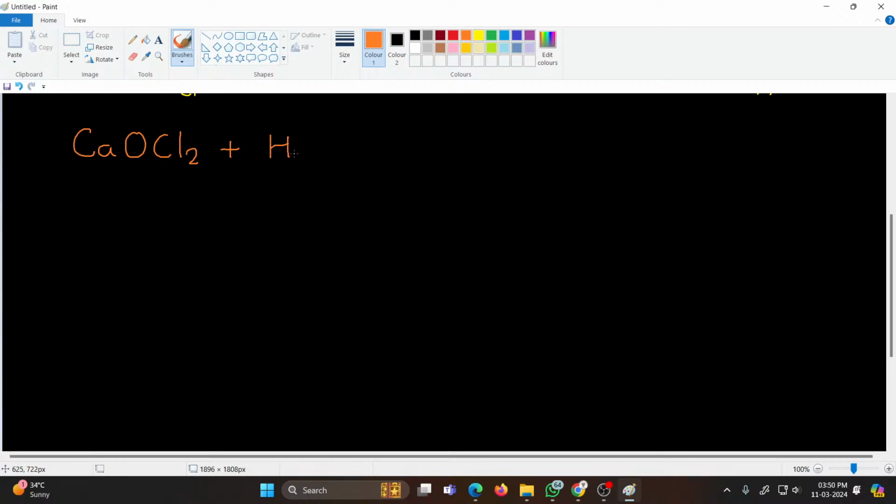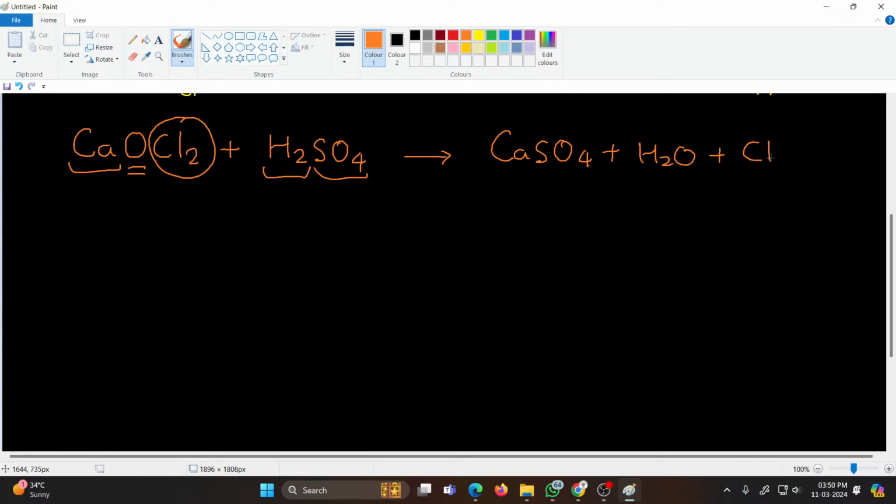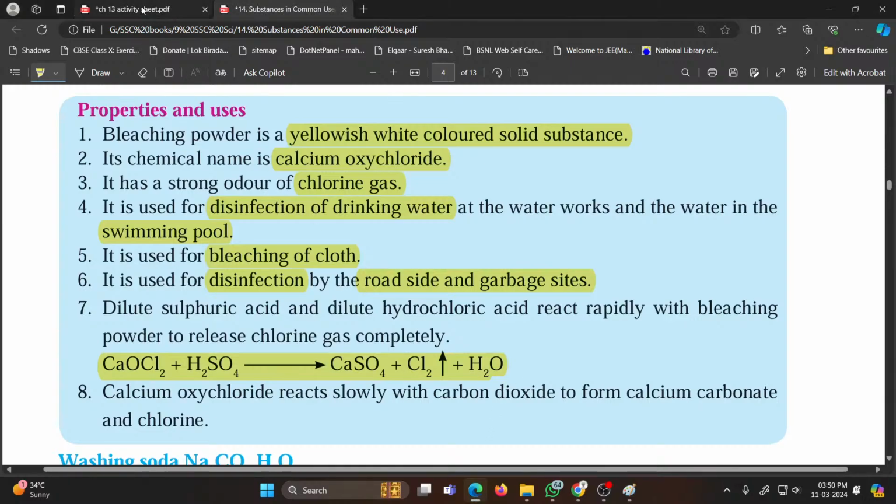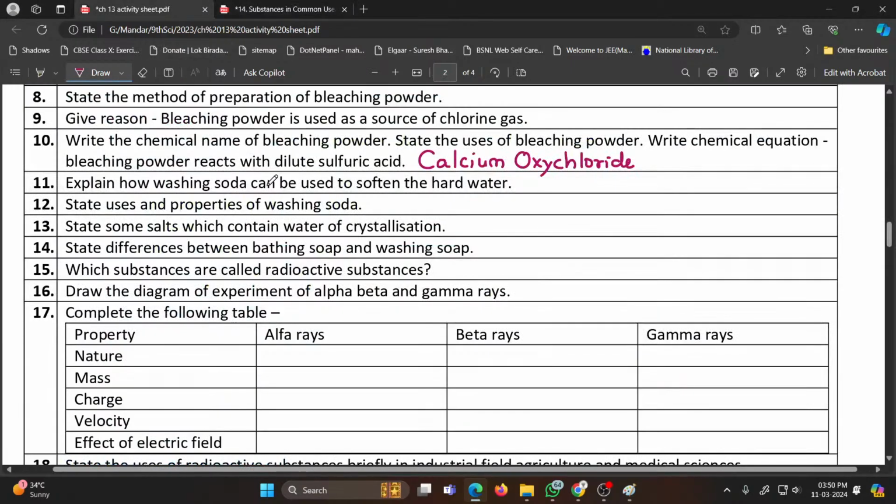When it reacts with dilute sulfuric acid, that is H2SO4, the calcium reacts with sulfate and calcium sulfate is formed. Now this hydrogen and oxygen combine together to give you water, and finally the remaining component is chlorine. So it's a rapid reaction. Rapidly all the chlorine gas is extracted from the bleaching powder.